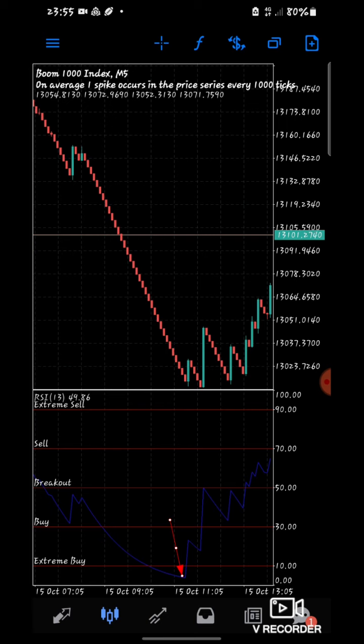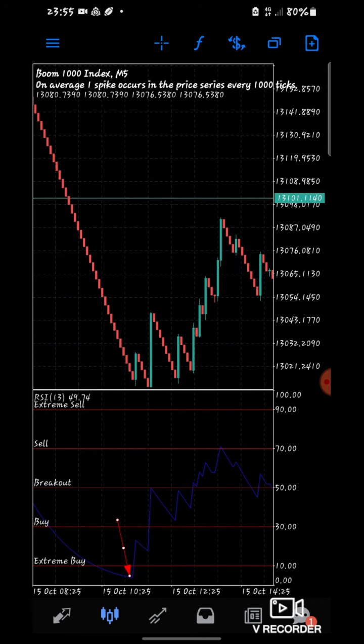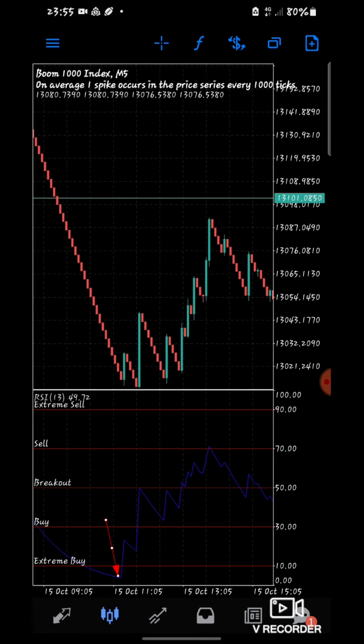It's going to be very, very bullish. Like, you enter with your whole lot size. This is not gonna fail you, guys. This actually works. You can see what happened.